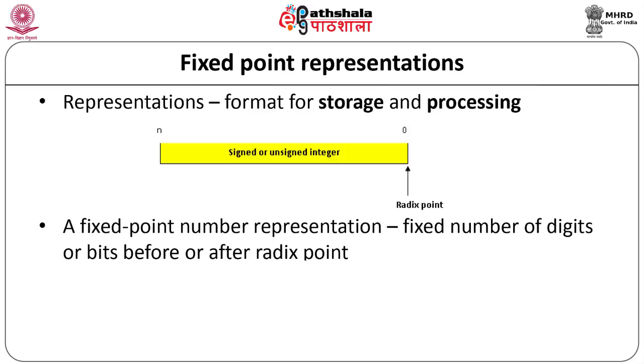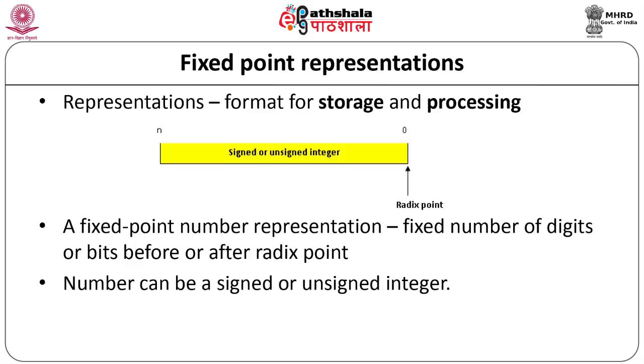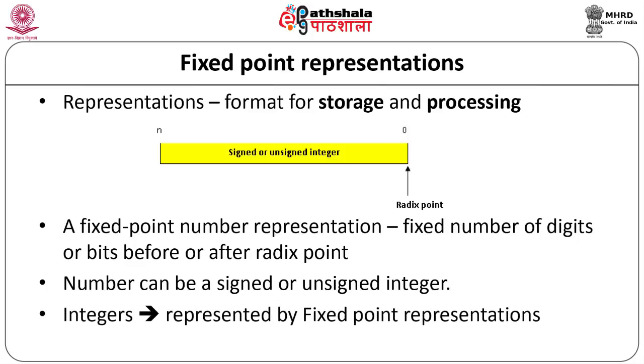A fixed point number representation utilizes a fixed number of digits or bits before or after the radix point as shown here. The numbers are usually stored as a signed or unsigned integer. An integer is normally stored in the memory using fixed point representation.